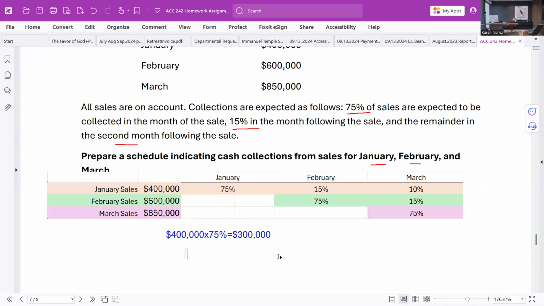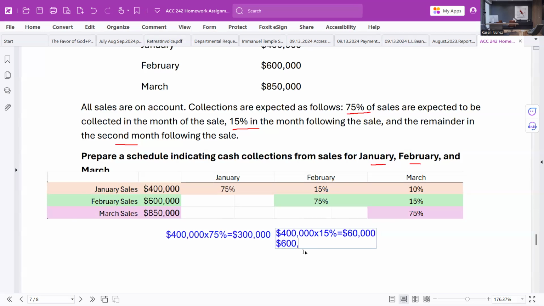But now what happens in February is they're going to collect on some of those January sales, right? So now we have the 400,000 that they sold in January. They're going to be able to collect on 15% of those January sales in the month of February, or 60,000. So they're going to collect 60,000 in February from January. And then they're also going to be collecting on some of those February sales.